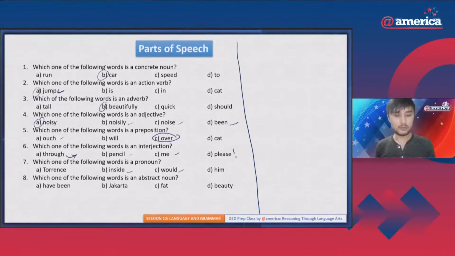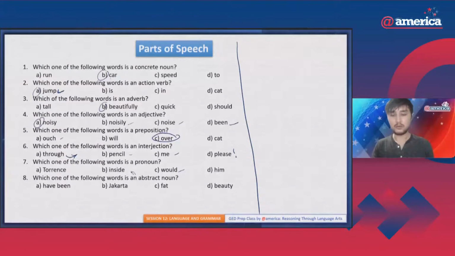So which of the following words is a pronoun? Tolerance, we know that it's a proper noun, used for a person, and probably it's the name of someone. Inside, we know it's not a pronoun. Inside can be used both as a preposition and adverb.